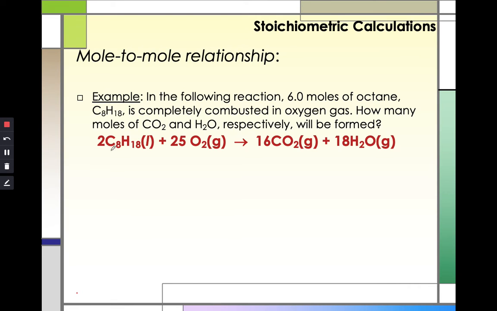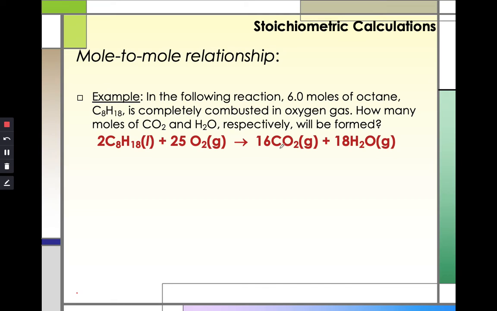Okay, so there's a reaction between octane and oxygen gas. So if you remember the types of chemical reactions, this is a combustion reaction. Octane is a fuel, a certain fuel. Once you provide enough energy for it to react with oxygen in the air, then you end up with fire. Okay, you end up with burning.